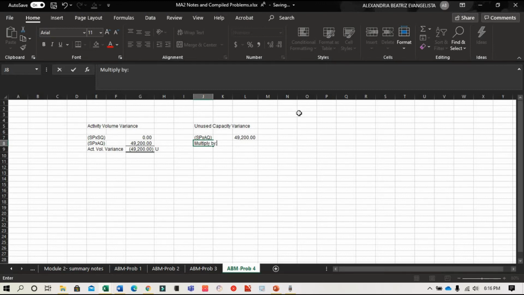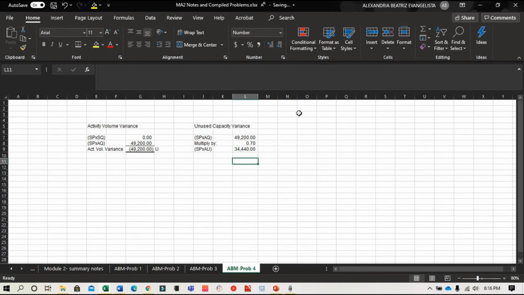So where did I get the 70%? It is 100% less the 30% drop of the actual activity usage. And that would give us SP times EU, which is 34,400.